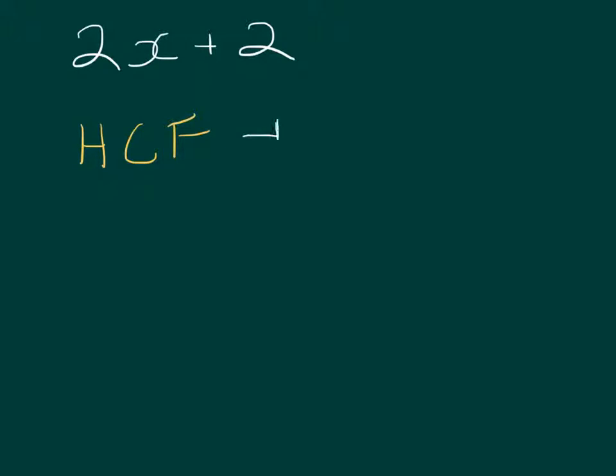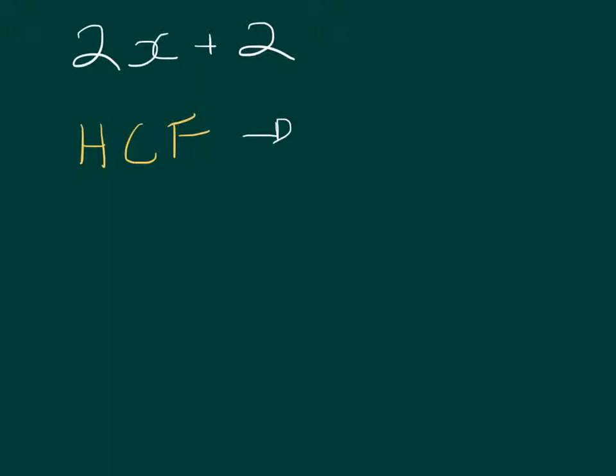If we move on and have a look at something like 2x plus 2, now we've got a binomial, which is one term, an addition or subtraction, and another term. So if we are looking for a highest common factor, what a highest common factor says is that we are looking for something that is common to both terms, or to all the terms in that polynomial.